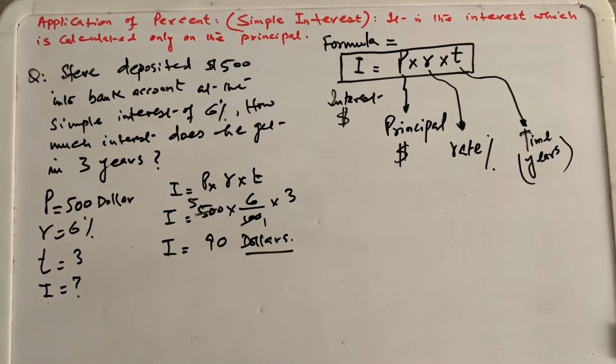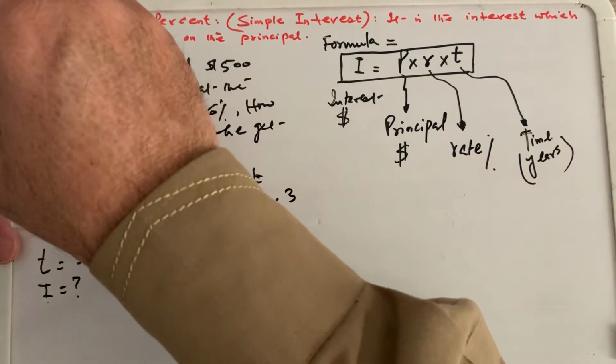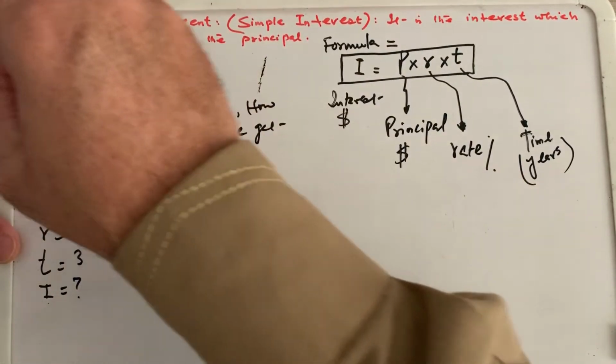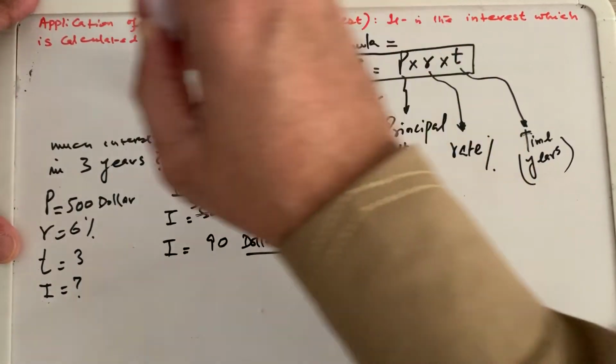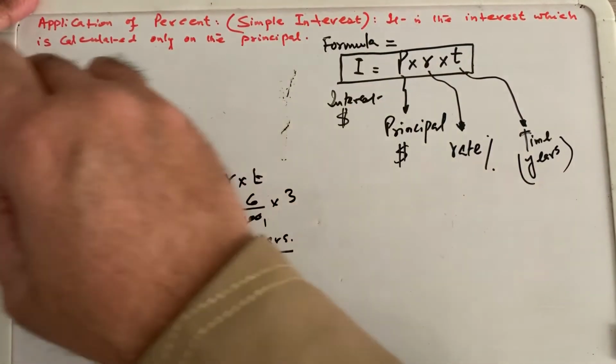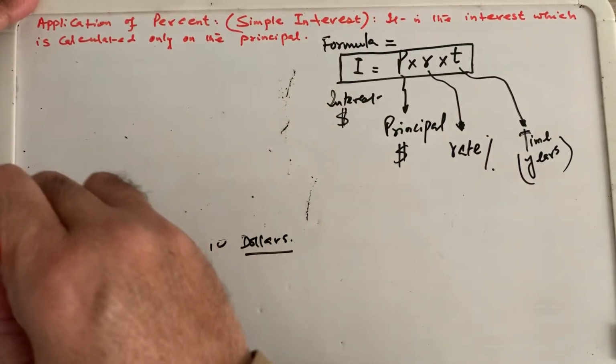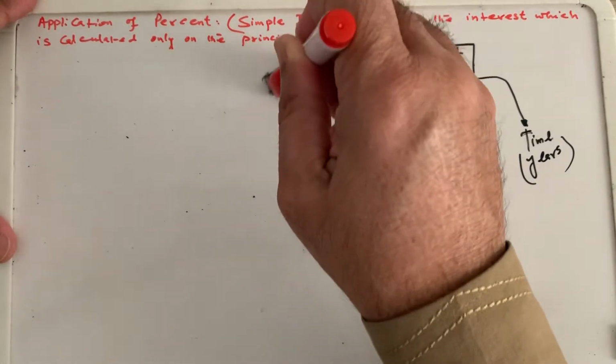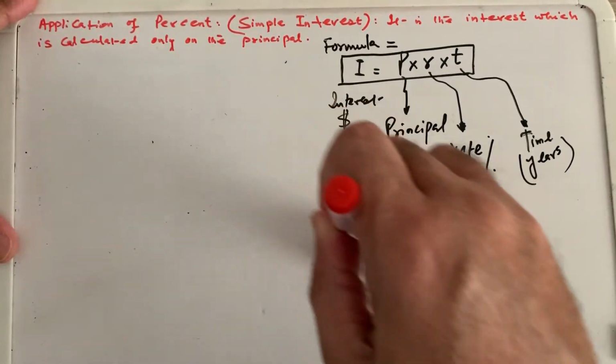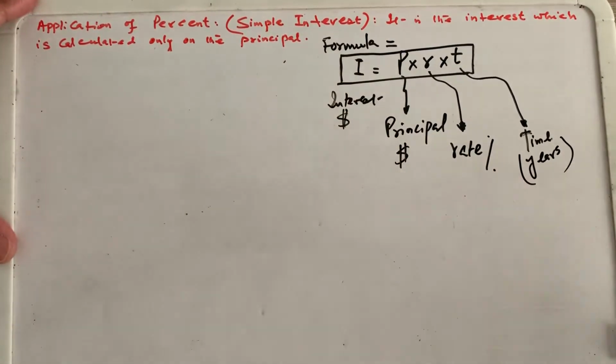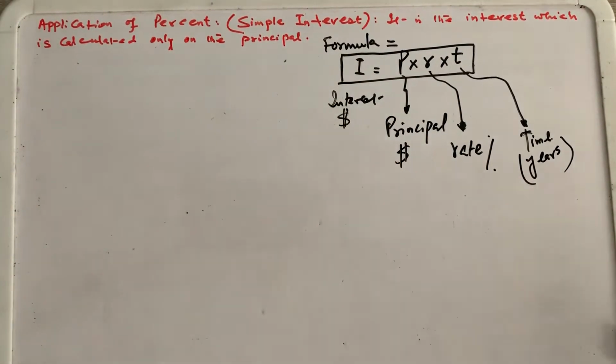In this formula for simple interest, I equals PRT, you may have other questions where they give you a few quantities. There are 4 quantities in this formula, and they give you 3 of them and ask you to find the missing quantity. Sometimes P is missing, sometimes R is missing. Out of 4 quantities, 3 are given and you have to calculate the 4th missing term.